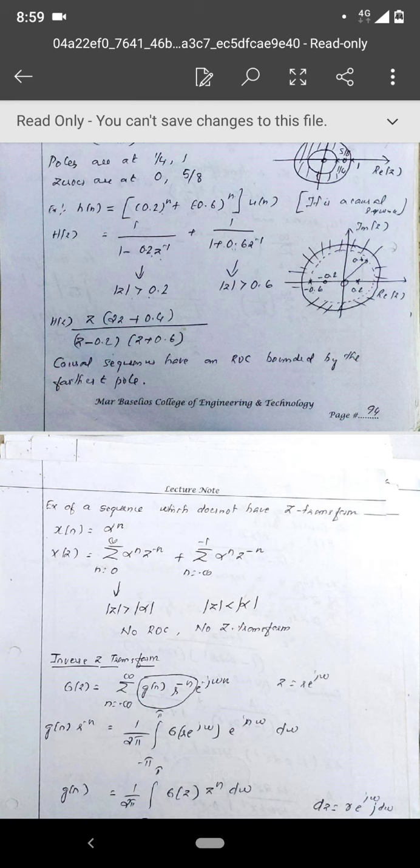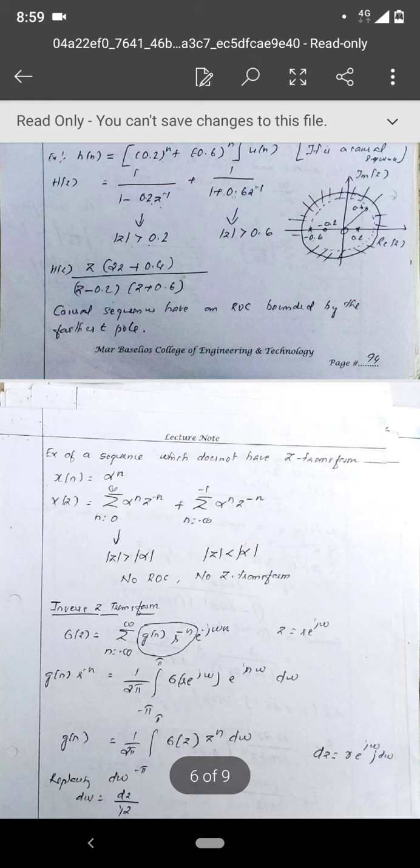The first portion is n is equal to 0 to infinity, that is summation of alpha raised to n z raised to minus n. That means the ROC of the signal will be mod of z greater than mod of alpha, because that is a strictly causal signal.